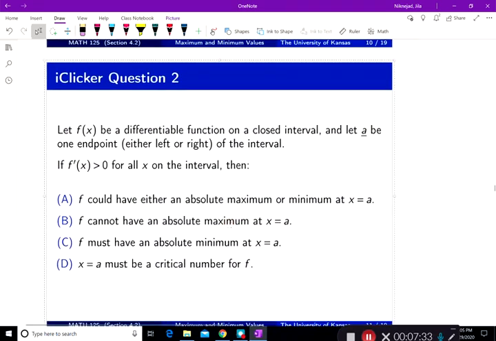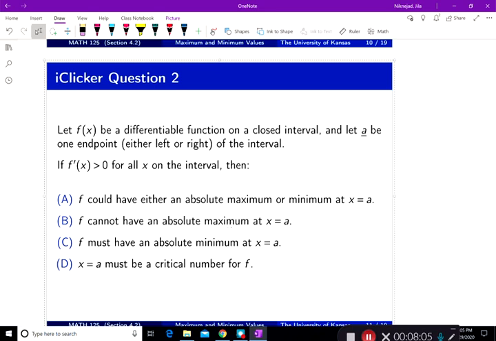Question 2. I click here, question 2 in section 4.2. Let f be a differentiable function on a closed interval, and let a be one endpoint, either left or right, of the interval. If f prime of x is bigger than 0 for all x on that interval, then A, f could have either an absolute max or min at x equal to a.